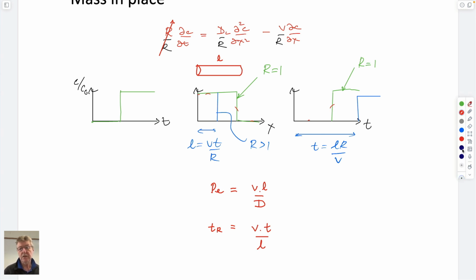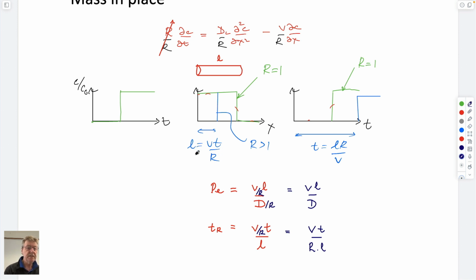Our reason for doing that was that if you take the dispersion and divide by retardation, and the velocity and divide by retardation, then you get V over R and D over R. So that doesn't change the Peclet number. But for the pore volumes, you get V over R, so this becomes advective velocity times time over R times L, which is essentially this term here.